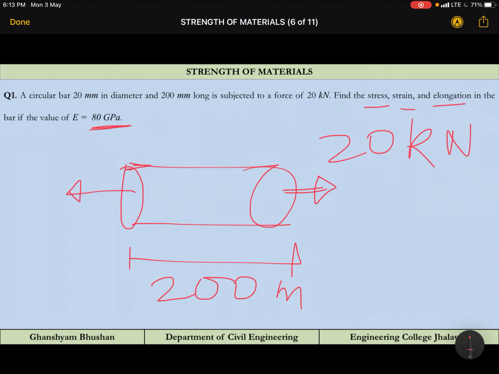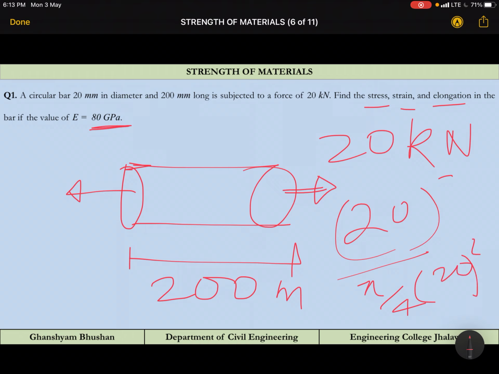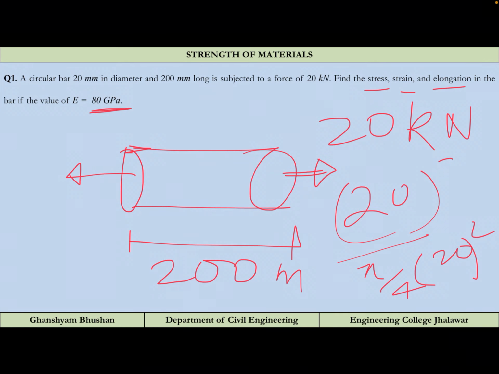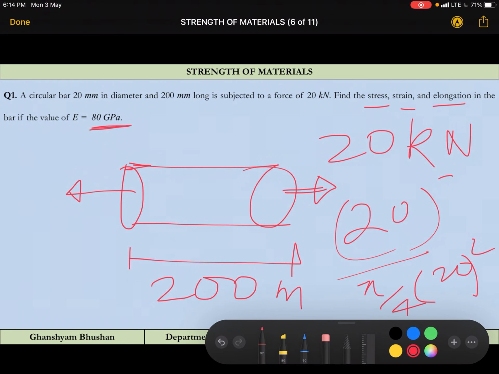So stress is nothing but P by A, 20 kilonewton over the area. The area will be pi by 4 times the diameter squared, 20 squared. So we will see how much it is coming. Stress is that, and strain will be what?